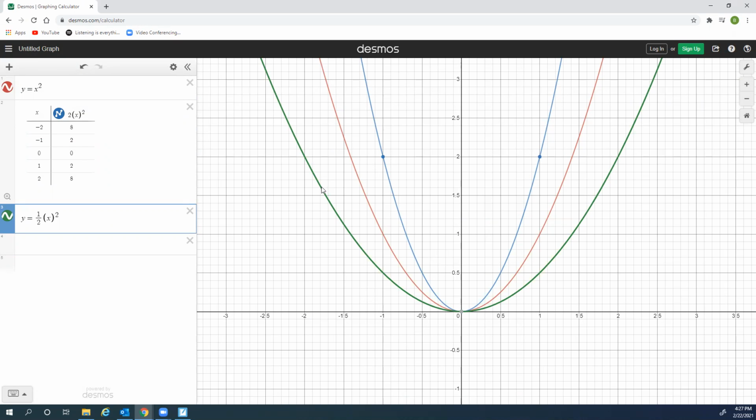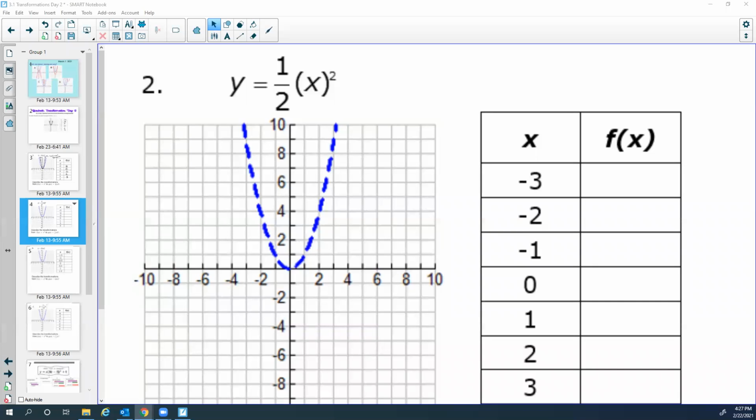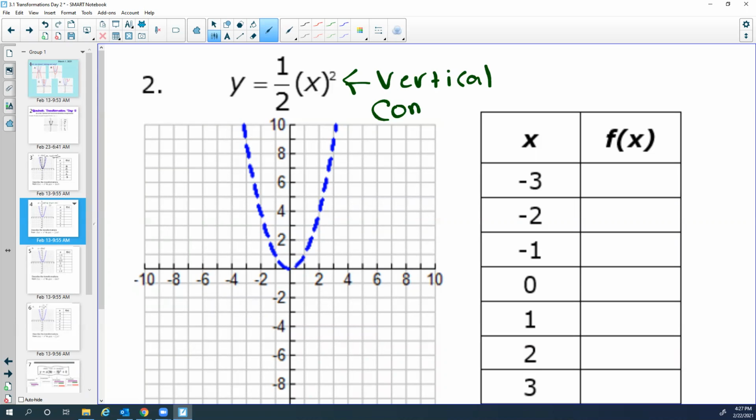Green is what we call a vertical compression. With the compression, what's happening is we're taking the rubber band, the parent function, and we're pushing it down and making it wider. So it's still at the origin, but now it's getting wider than what it was before.